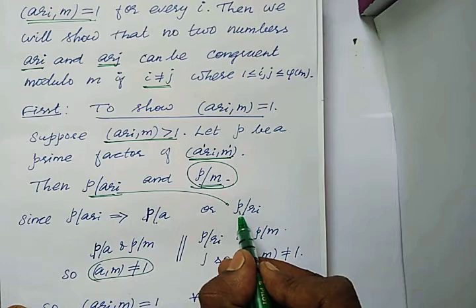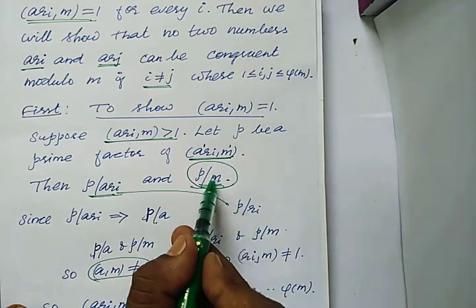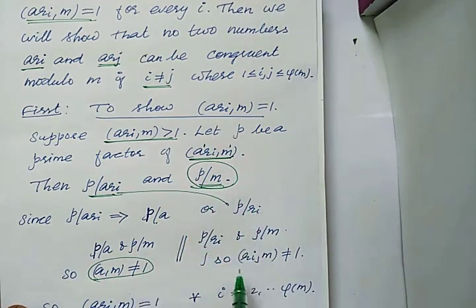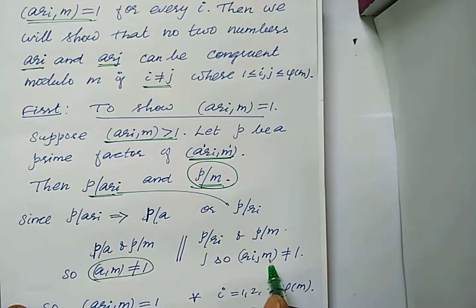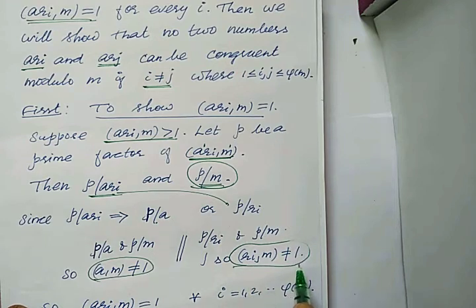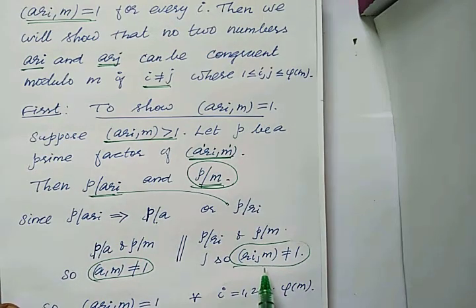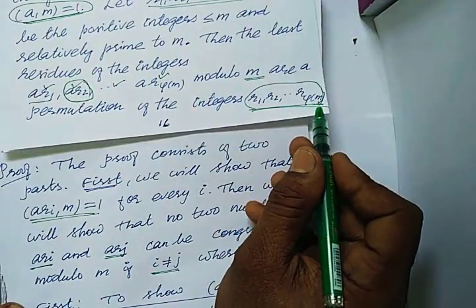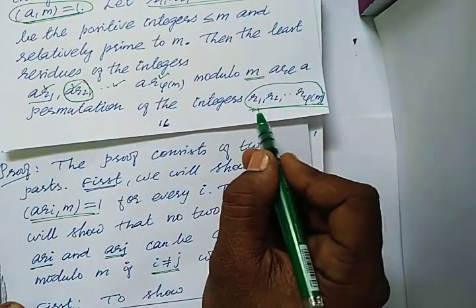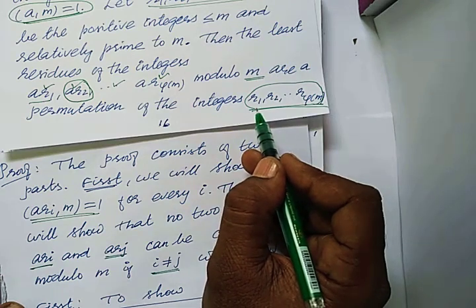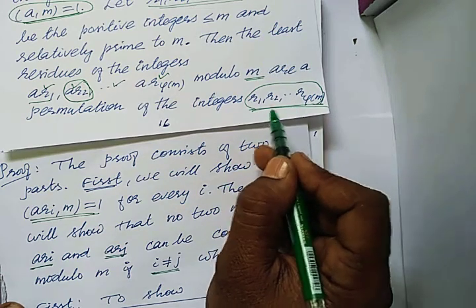Then if p divides Ri, combine these two, then we get Ri and m are not relatively prime, because p is the common divisor. But this is also a contradiction. Why? Because R1, R2, etc., R phi of m are the least residues modulo m, and they are relatively prime to m.